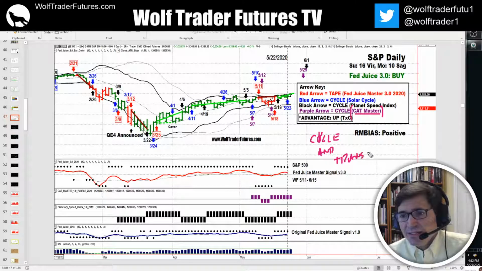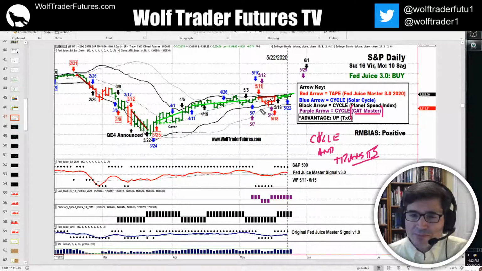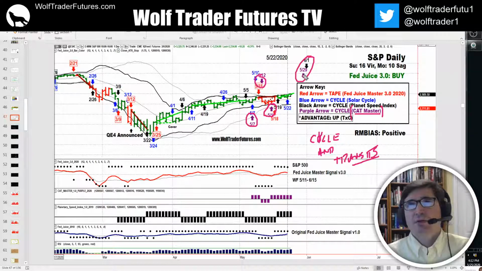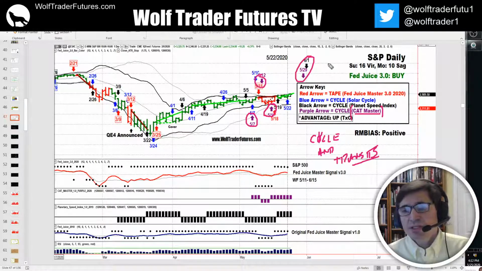What this does is combine multiple astro systems into one indicator. You can see here on the 7th it was a buy, the 12th it was a sell, the 17th it was a buy, and it doesn't go into a sell until the 29th or June the 1st, somewhere in there. So this is still bullish on this time frame too.